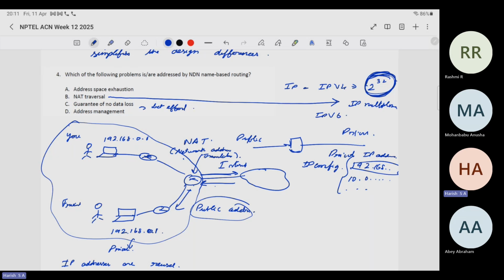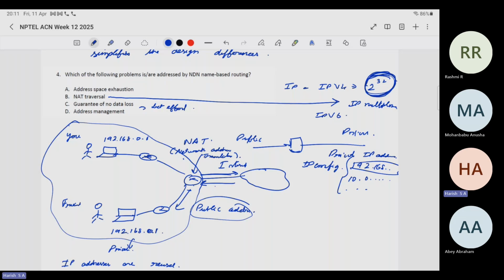Address management is also a bit of a problem now because you don't have enough addresses, and all the addresses are based on numbers. In order to solve that, you have something called DNS, where you attach some words to these IP addresses and you translate that domain name into IP addresses. So this is pretty much what goes on in the current paradigm.